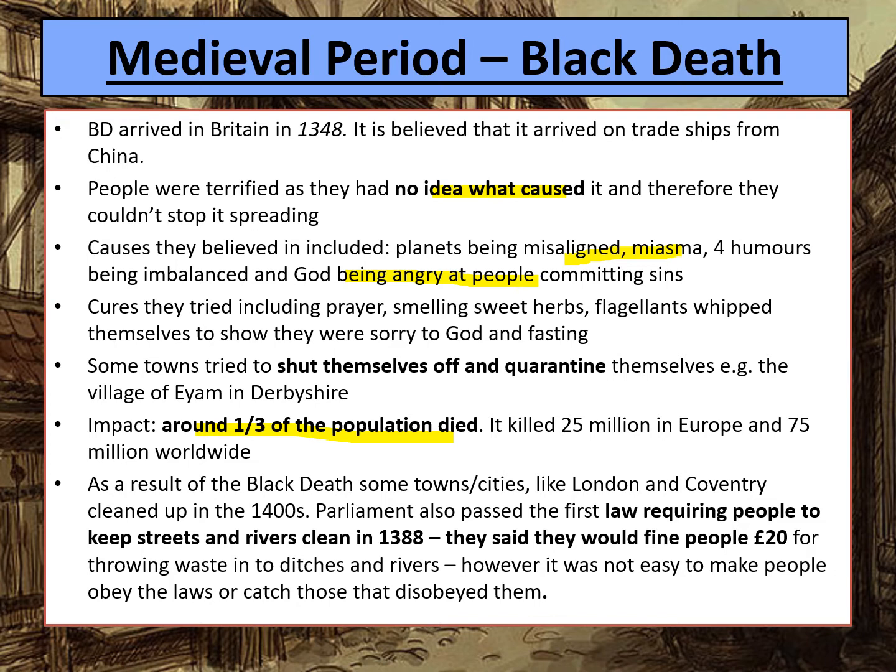Now, depending on what they thought caused the plague would impact how they decided to try and treat the plague. For instance, if you thought that God being angry at you for committing sins was the reason that the plague was caused, that would mean that people's response in trying to prevent it or treat the plague would be doing things like praying a lot.